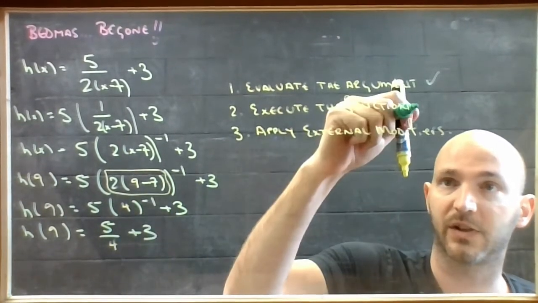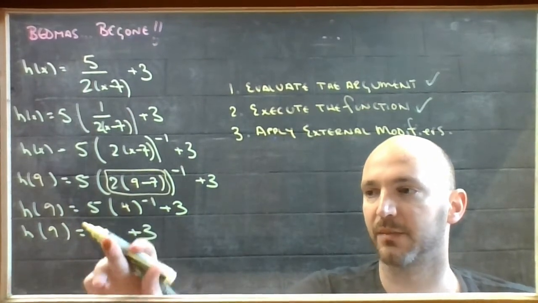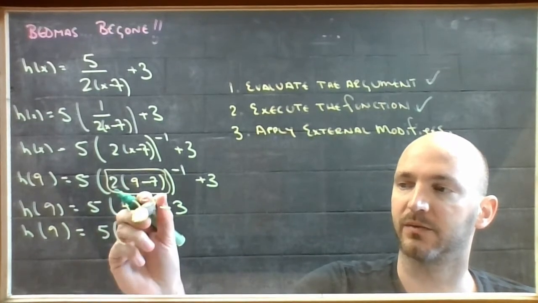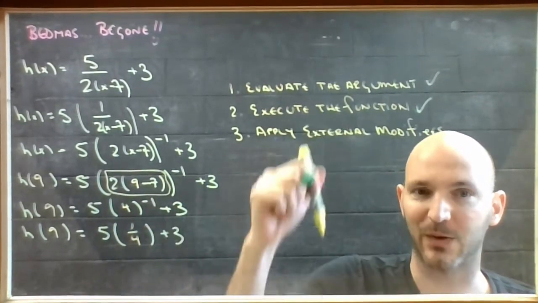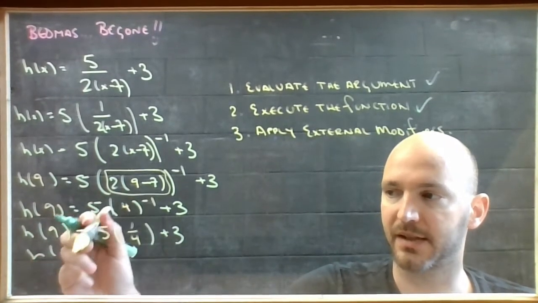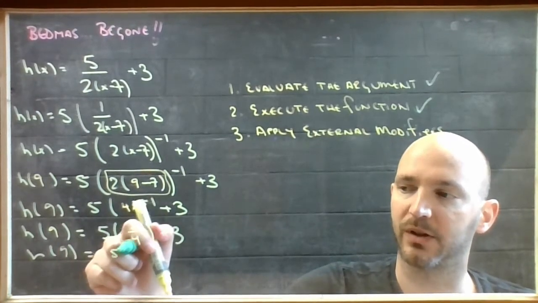So h of 9 is, that would be 5 times... actually, let me slow down. I skipped a step there. That would be 5 times 1/4. Now the function has been executed. If I apply this external modifier, 5 times 1/4 is 5/4.